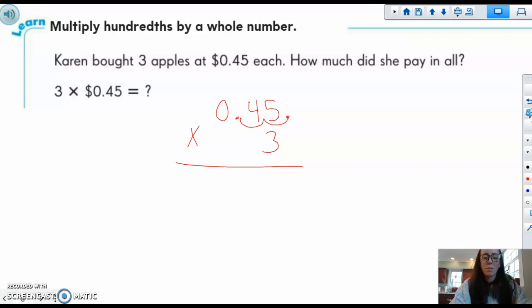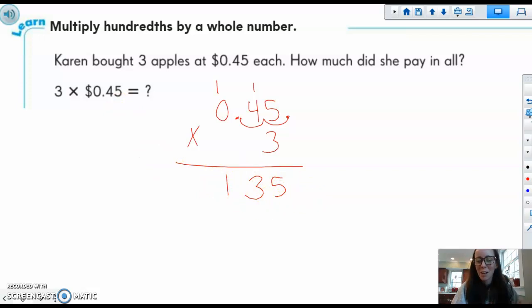5 times 3, I get 15. I put down my 5, carry the 1. 4 times 3, I get 12. Add that 1 to get 13. 3 times 0 is 0, plus 1, I get 1. Now I need to remember to move my decimal back in, because if I thought about this right here, if I had 45 cents 3 times, it wouldn't make sense for me to have $135.